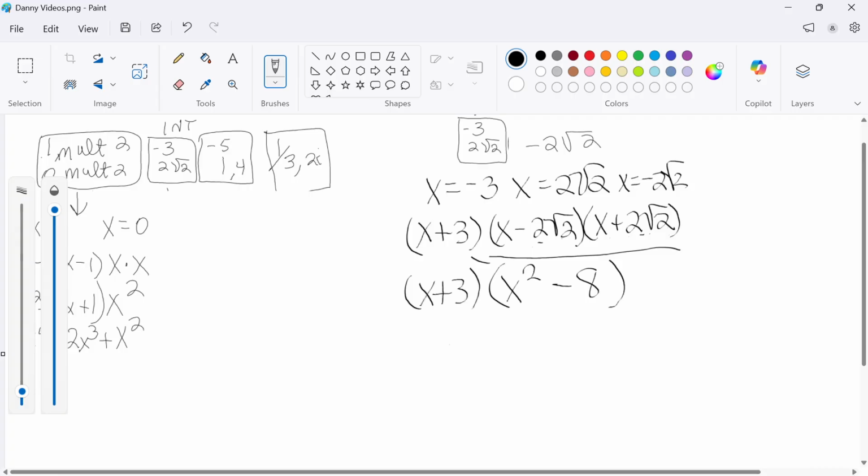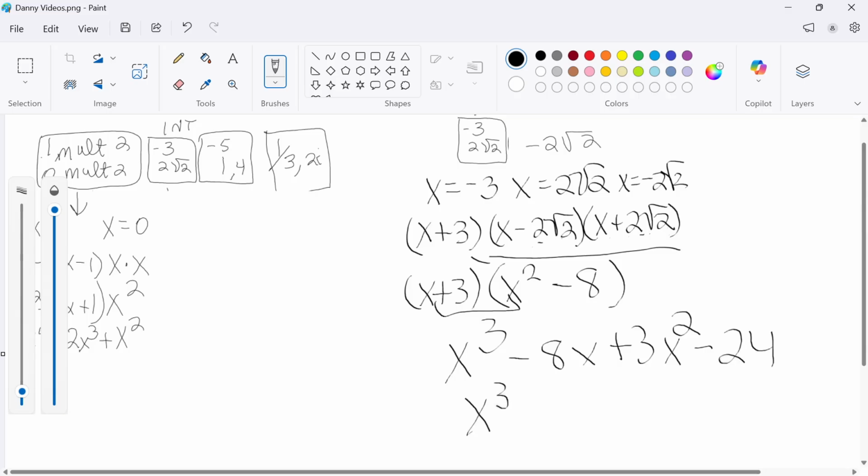Now finish this. I get x cubed, x times negative 8 is minus 8x, plus 3x squared minus 24. And I'll write that in standard form with the powers going down. So this is x cubed plus 3x squared minus 8x minus 24.